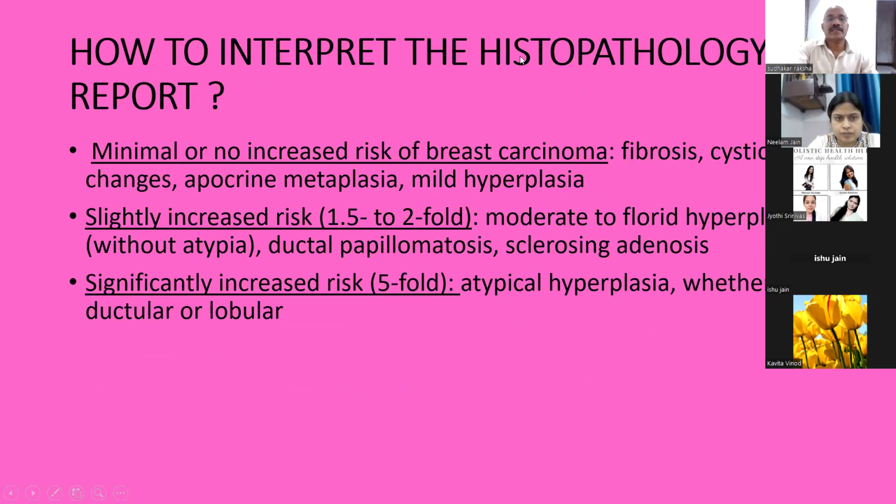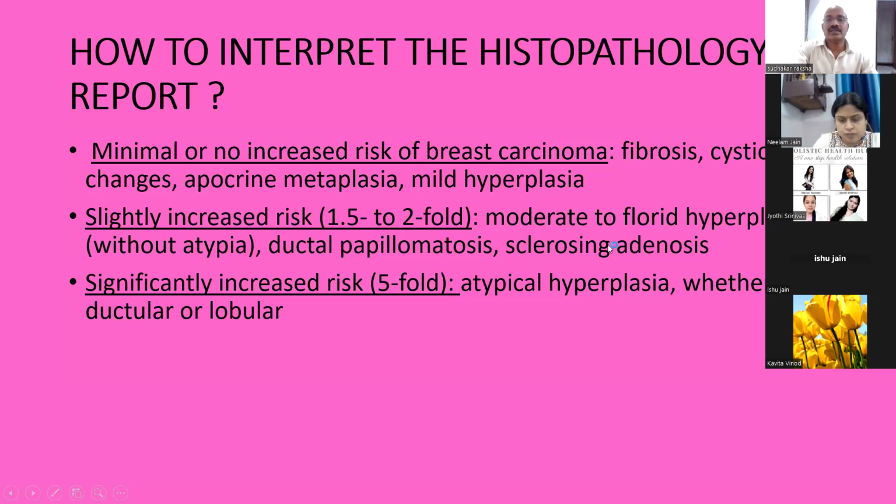So how to interpret the histopathology report? Most of the time, after doing FNAC or after the specimen of the breast is given, we will give the diagnosis as fibrosis or cystic change or apocrine metaplasia. These things do not carry any risk of carcinoma. They are benign. There is no risk.